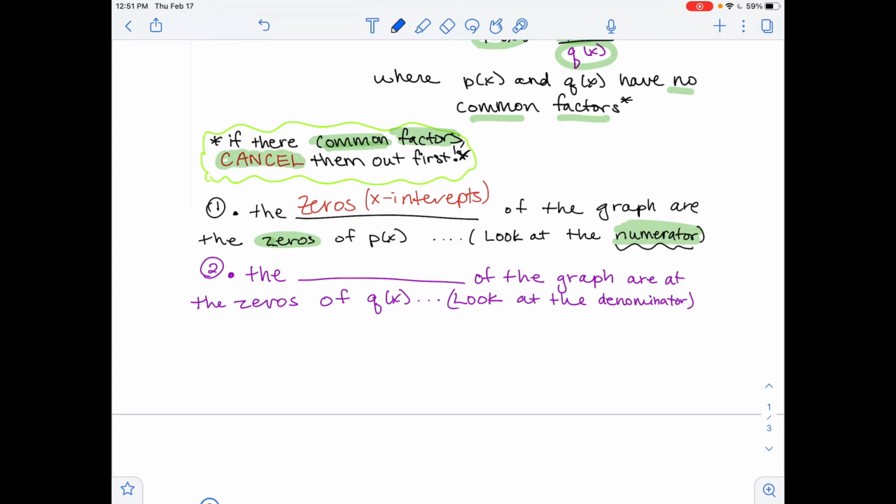The vertical asymptotes of the graph are where the zeros of the denominator are. So to find the vertical asymptotes, we're going to set the denominator equal to 0. And for the zeros of the graph, you're going to set the numerator equal to 0.